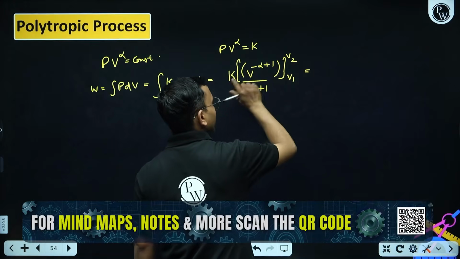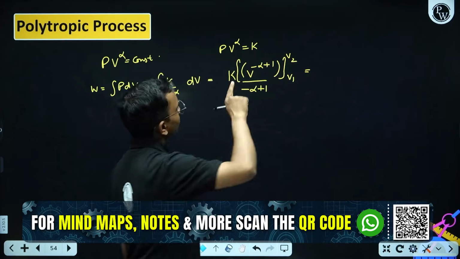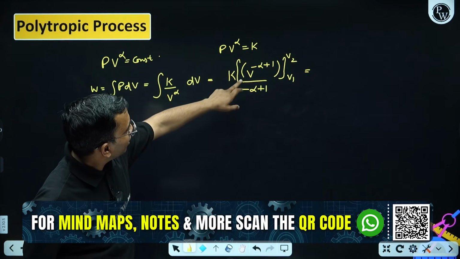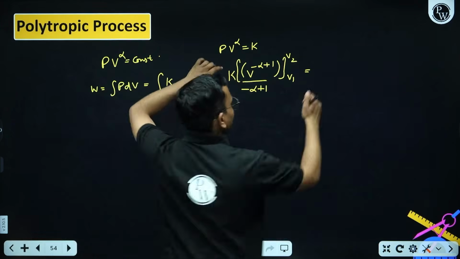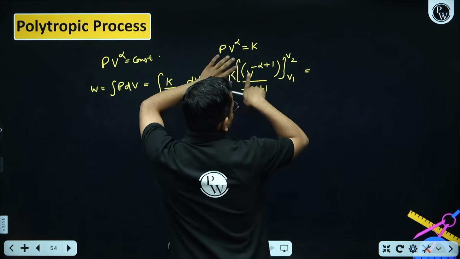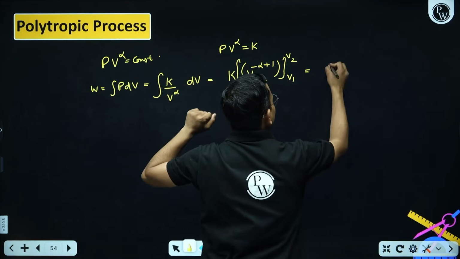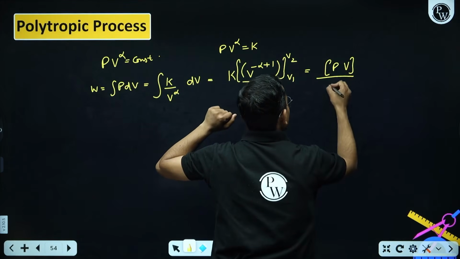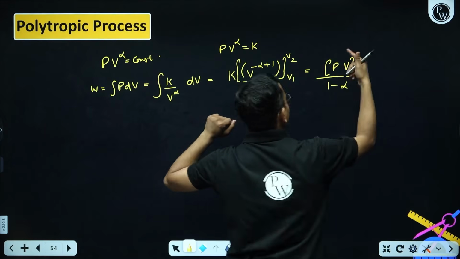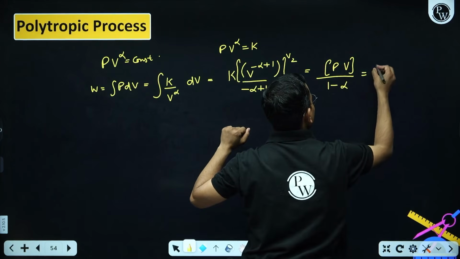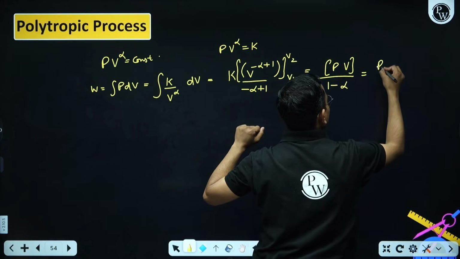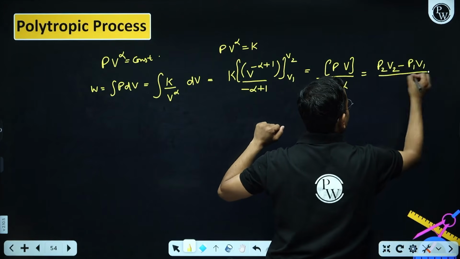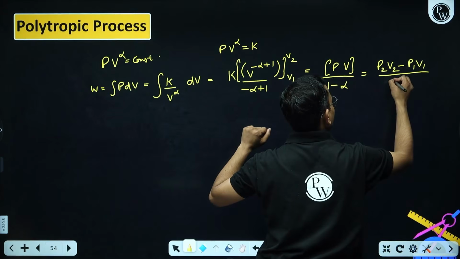K is PV to the power alpha, taking that inside, it will just become P into V, divided by 1 minus alpha. Pressure changes from P1 to P2, volume changes from V1 to V2, so this will become P2 V2 minus P1 V1 divided by 1 minus alpha.